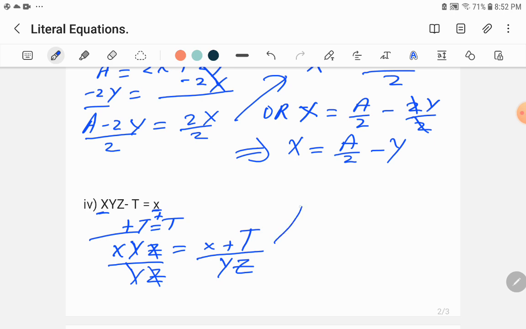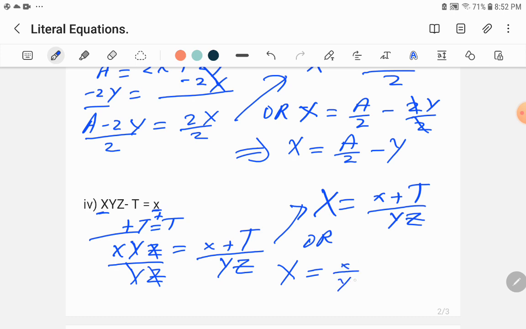So capital X is equal to lowercase x plus t over yz. And once again, we could distribute it out, or X is equal to lowercase x over yz plus t over yz.